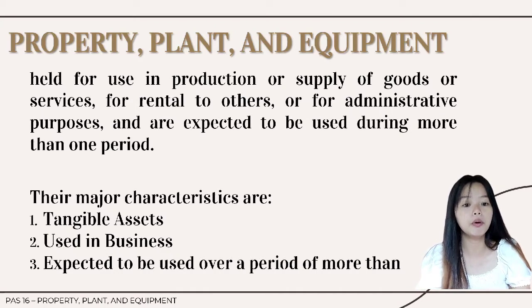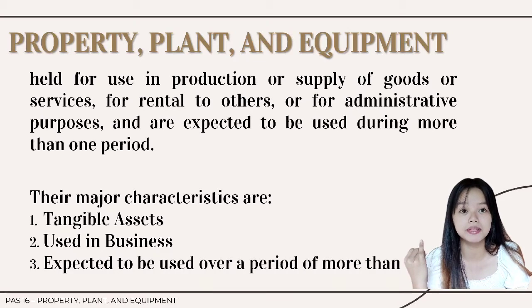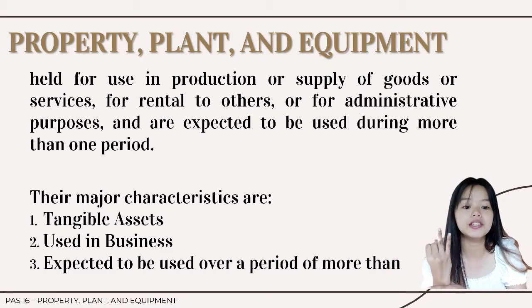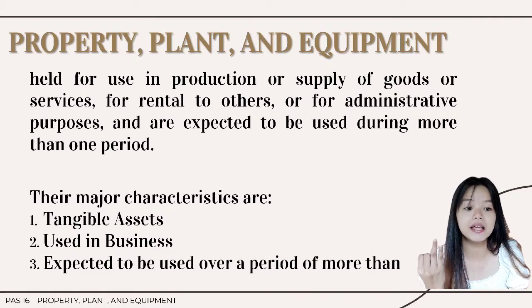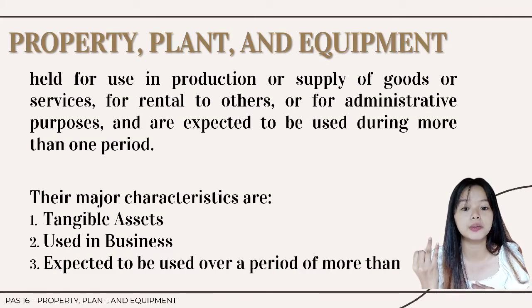So there are three components in the definition of property, plant, and equipment in accordance with PAS 16. First, they are tangible assets, meaning PPE items have physical substance. Second, they are used in the normal operations of the business, meaning they are used in the production or supply of goods or services, for rental to others or for administrative purposes.